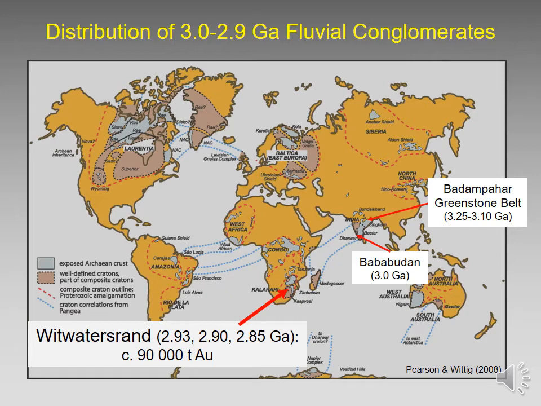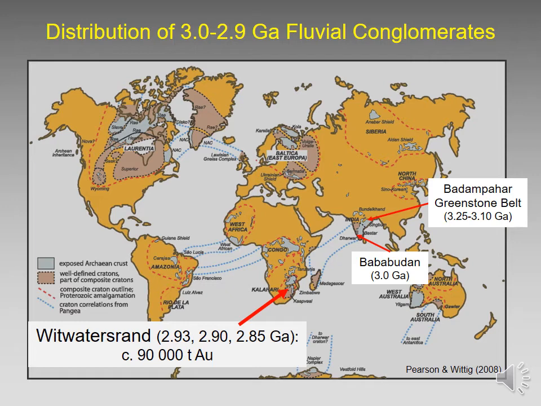They are probably older than 3 billion years. They are beautiful conglomerates, sedimentologically very similar to what we find in the Central Rand group, but the gold endowment is much, much, much lower than in the Witwatersrand. It's effectively not economic. And that sort of raises the question, why?